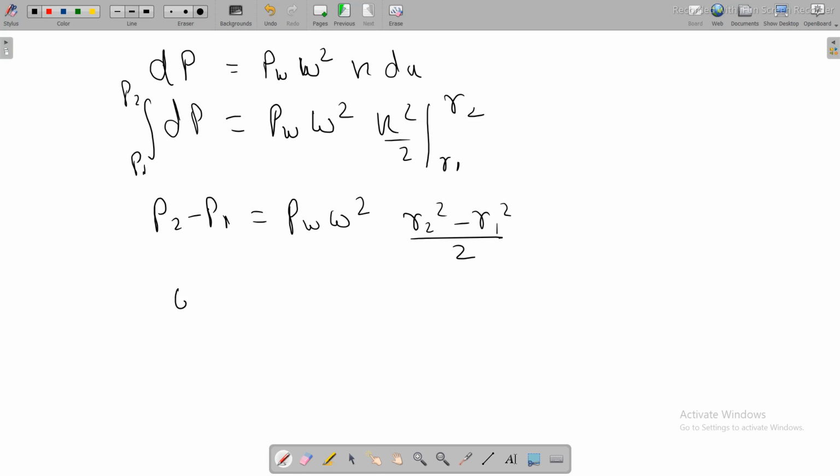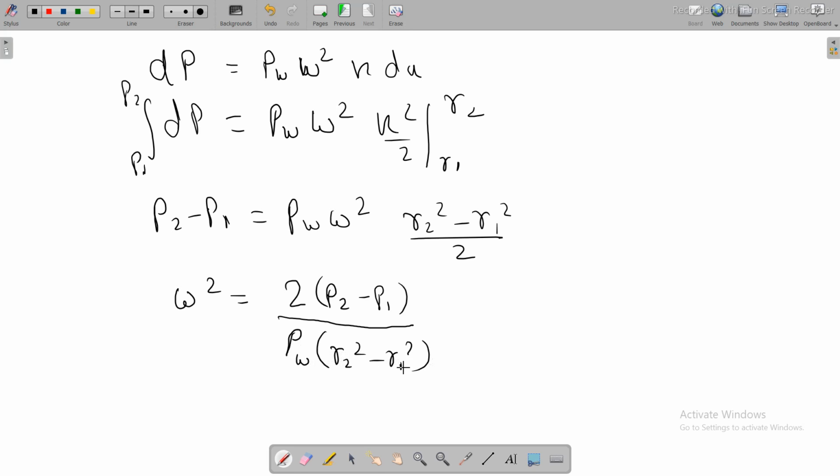Therefore omega square is equal to 2 (p2 minus p1) upon rho w (r2 square minus r1 square). Therefore the value of omega is the square root of 2 (p2 minus p1) upon rho w (r2 square minus r1 square).